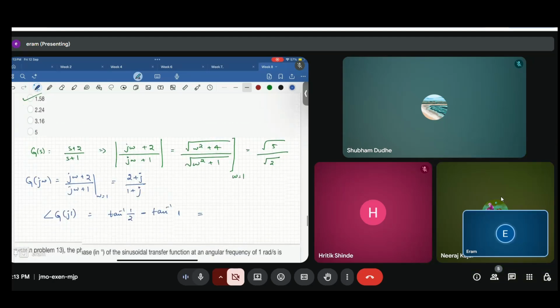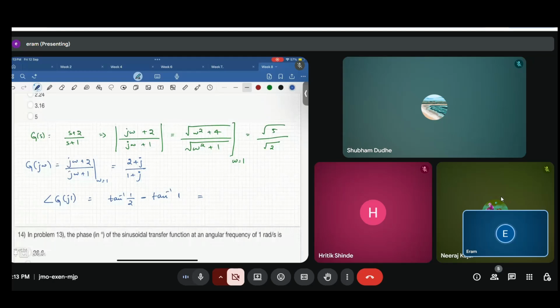Okay, so can you tell me the value explicitly for tan inverse of 1 by 2? What is the angle? 26.56 degrees.